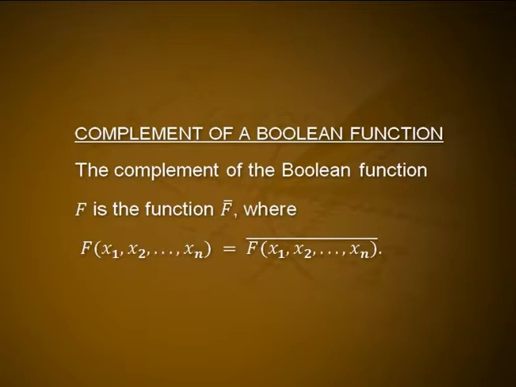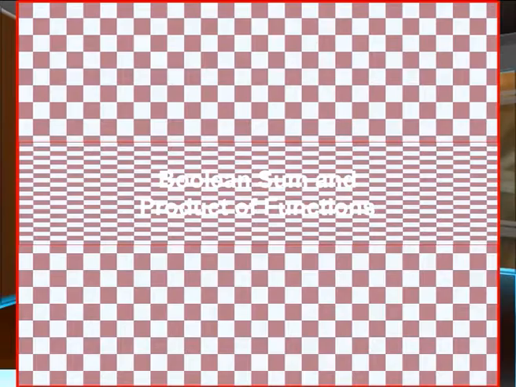Next is the complement of a Boolean function. The complement of the Boolean function f is the function f bar, where f bar of (x1, x2, ..., xn) is equal to f of (x1 bar, x2 bar, ..., xn bar). Boolean sum and product of functions. Let f and g be Boolean functions of degree n.